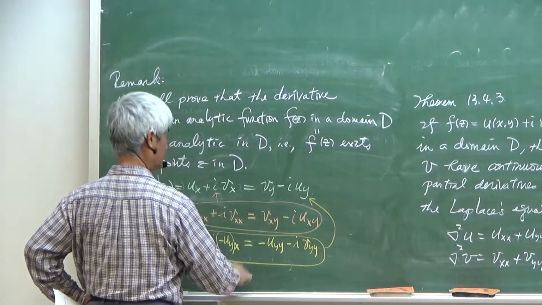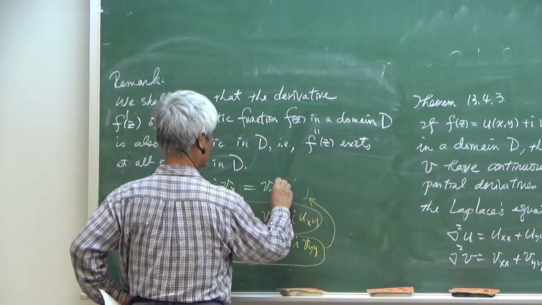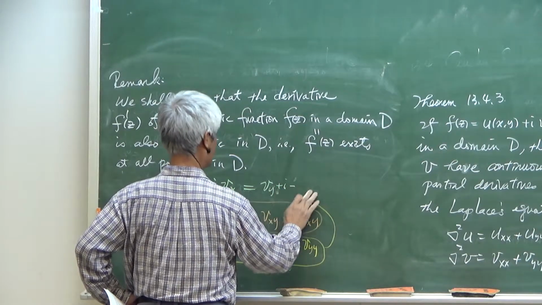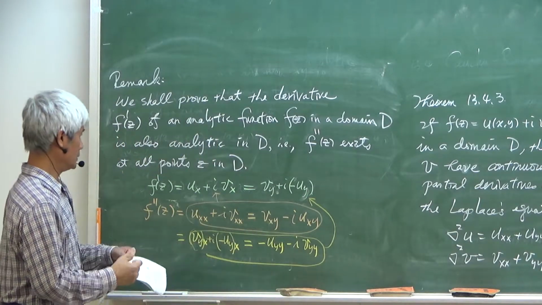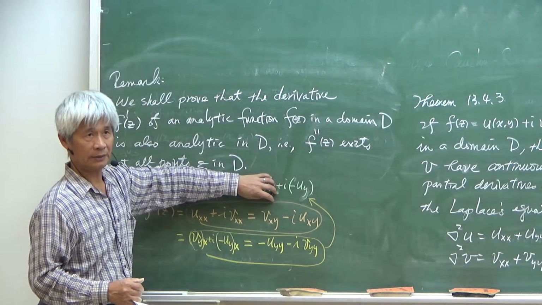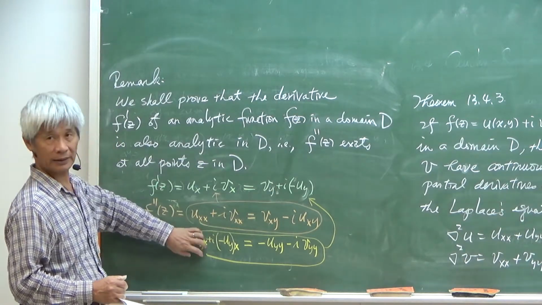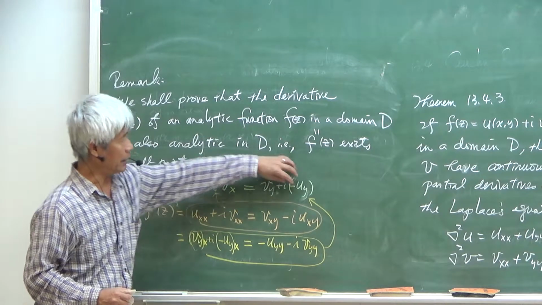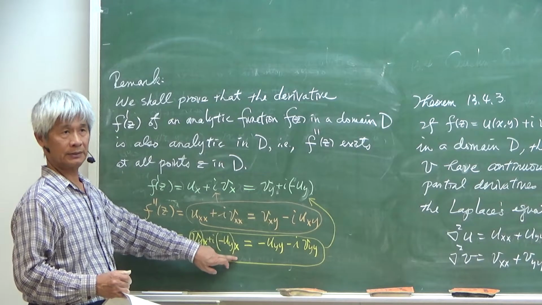So if we choose this one, this is our u_x here, and this is our v_x here.